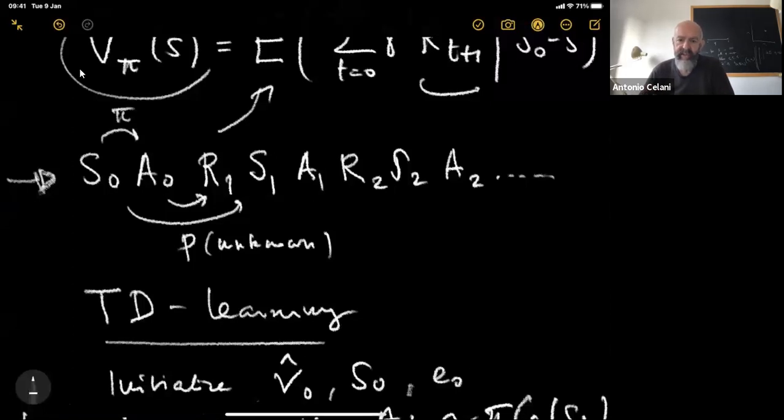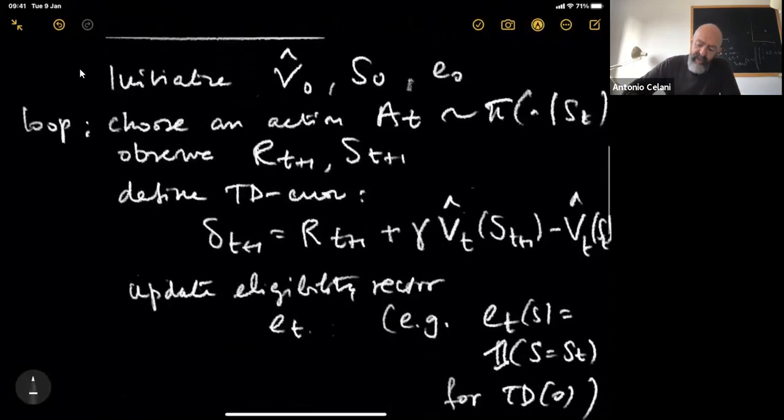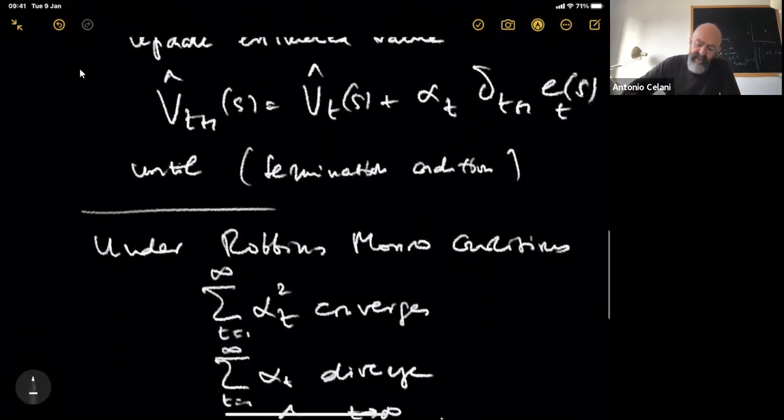So change our policy at the same time as we learn the value of the current policy. Okay, so this is going to be some sort of running on two different rails and trying to keep up in a consistent way.